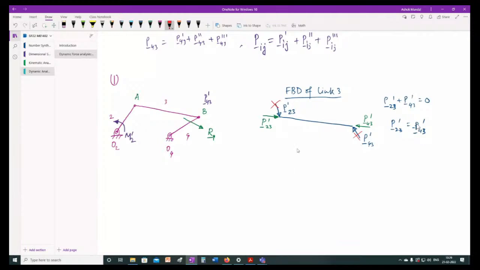Now when you draw the free body diagram of link 4, this is link 4.